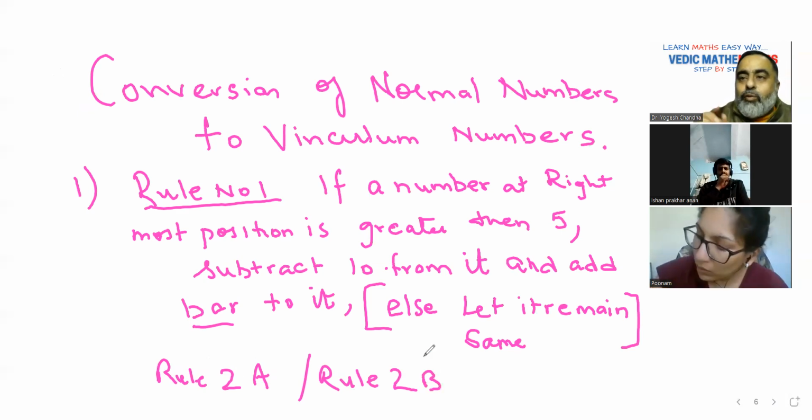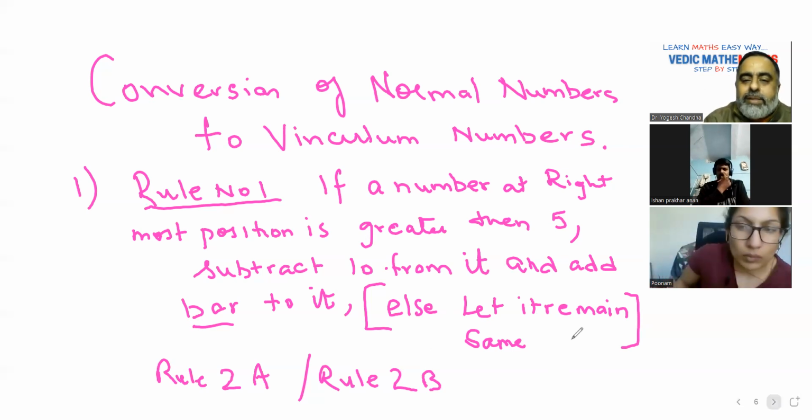But if the number was greater than 5 and you have applied it, otherwise let it remain the same, then again you have to apply rule number 1 on the tens position. You'll understand once we go through the examples.